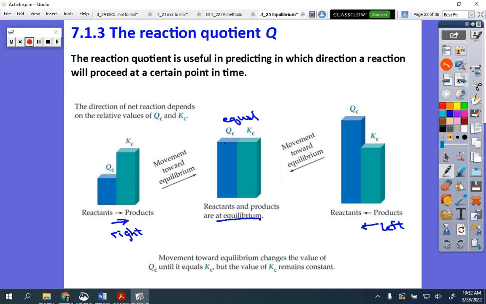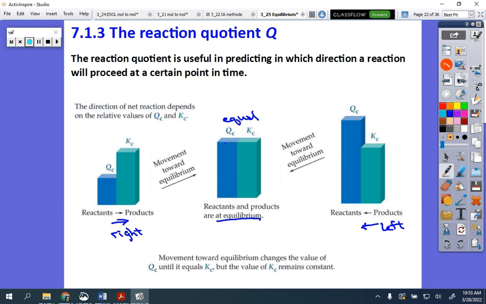Remember, the products are on top of our expression. So if Qc is less than Kc, the reaction is going to trend towards the right from that point in order to get to equilibrium. So we're going to make more products until we reach equilibrium.